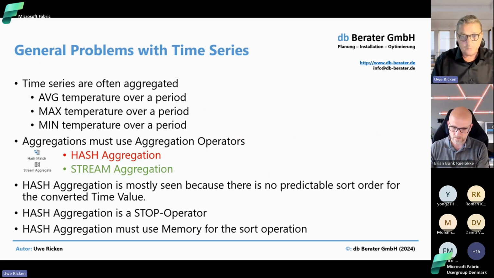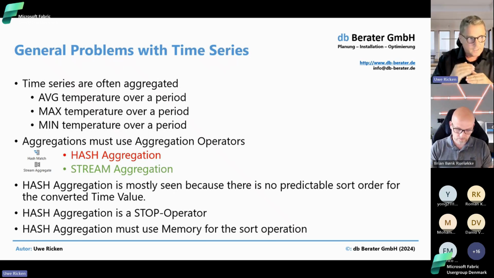What is the general problem with time series? We need to understand what we are doing with time series. Time series often get aggregated. This is the key point for using time series. Give me the average temperature over a period. Give me the max temperature, for controlling it, do I need to cool it down, and so on, and the min.